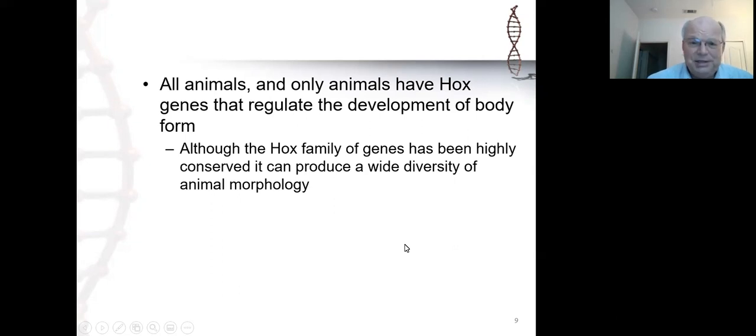So taken together, these are the features that define an animal. They are heterotrophs, they are multicellular, they contain tissues, and particularly uniquely muscle tissues and nerve tissues. They have connective proteins, and particularly collagen as the primary connective protein between cells, is a unique type of protein.